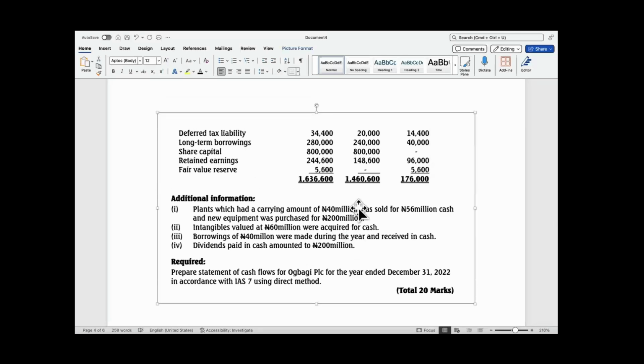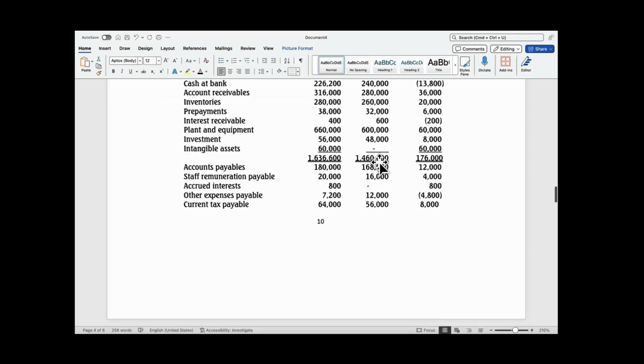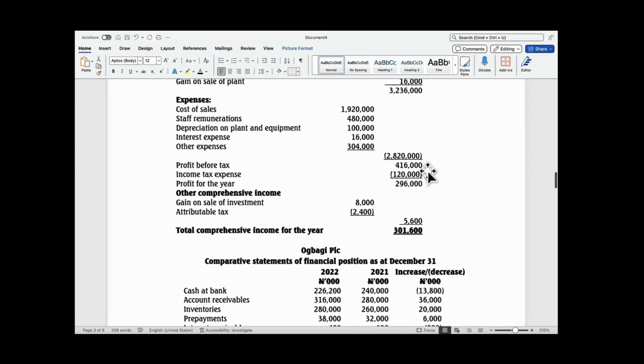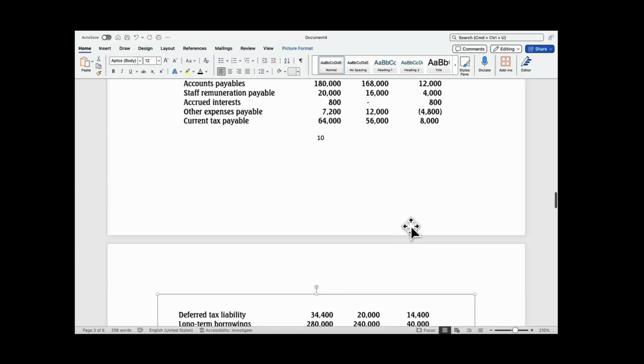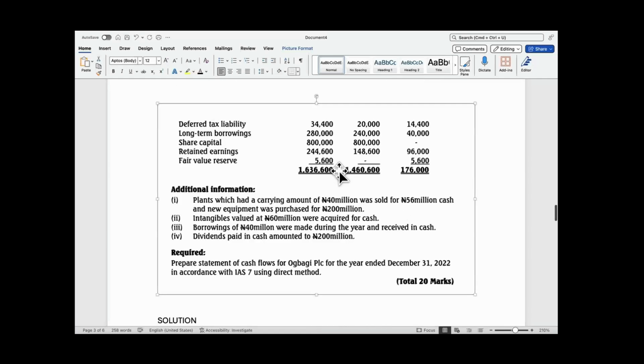If you do 148,600 plus the profit for the year, 296,000, minus 244,600.